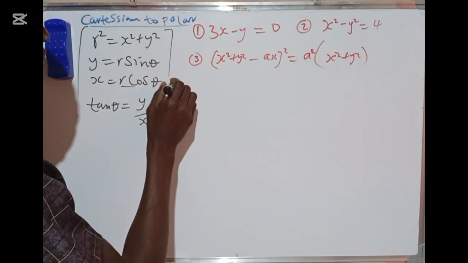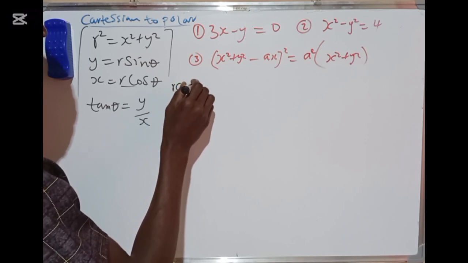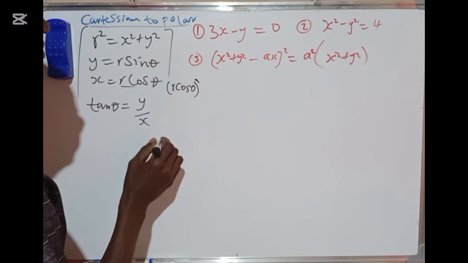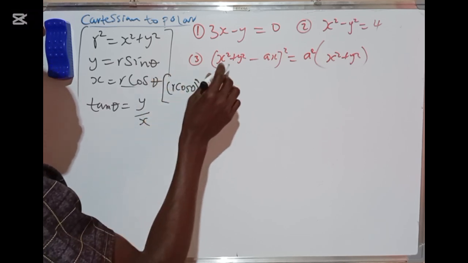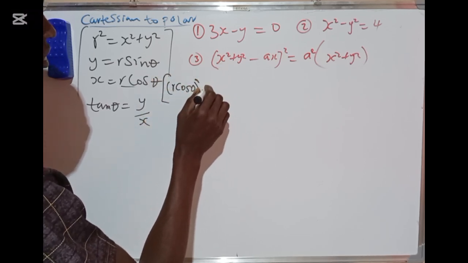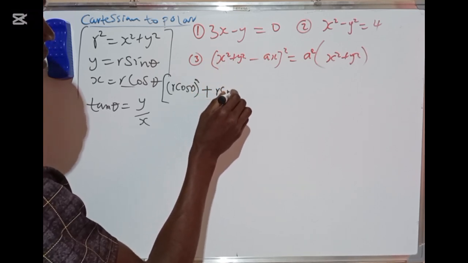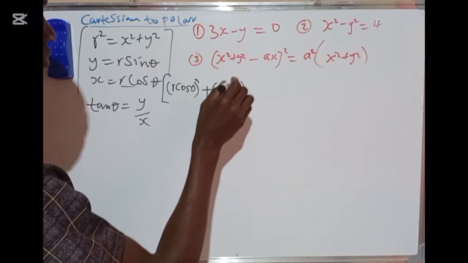So r cos theta, that is x here, x squared, I'm going to put a square bracket here, plus r sine of theta, that is y, and y is also squared.